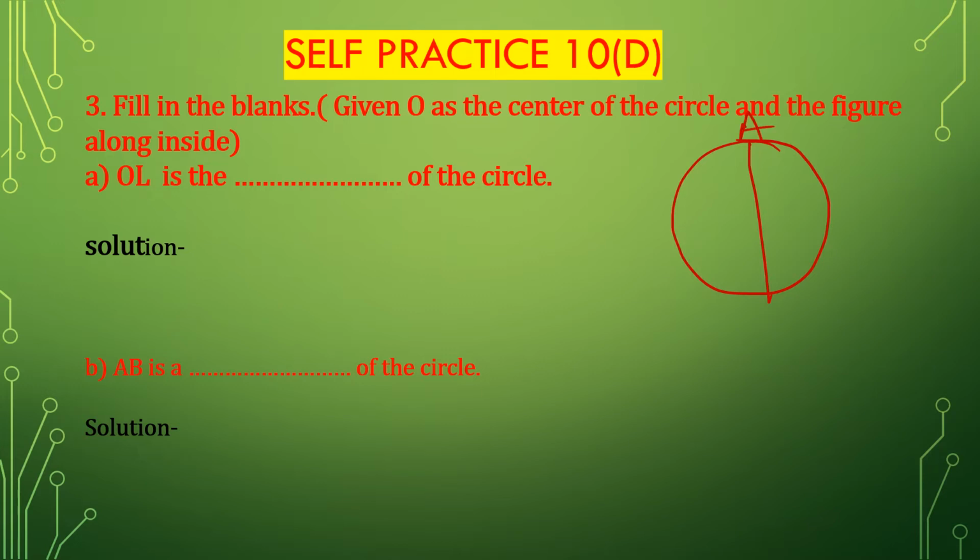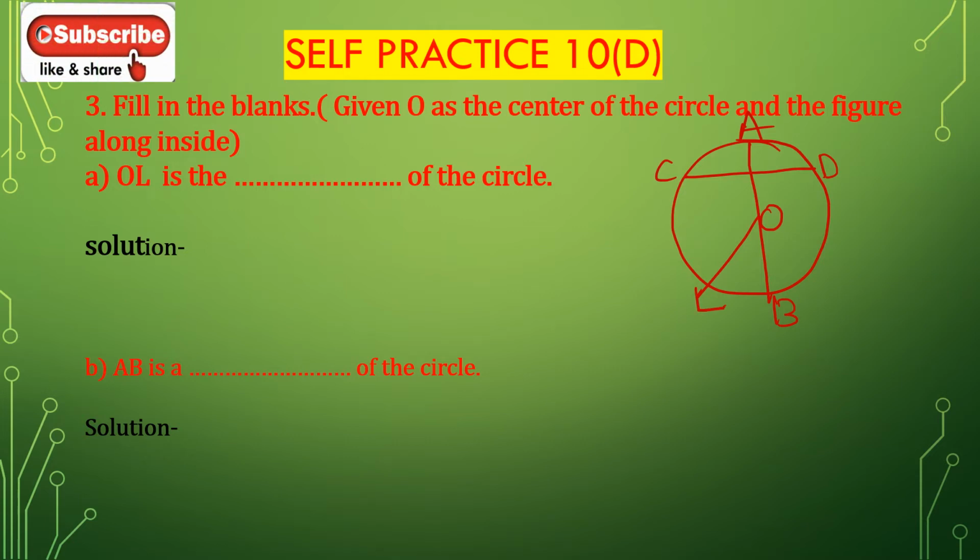This is A, B, this one is center O, C, D. This is L. And this is P and this is Q. OL is the radius of the circle.